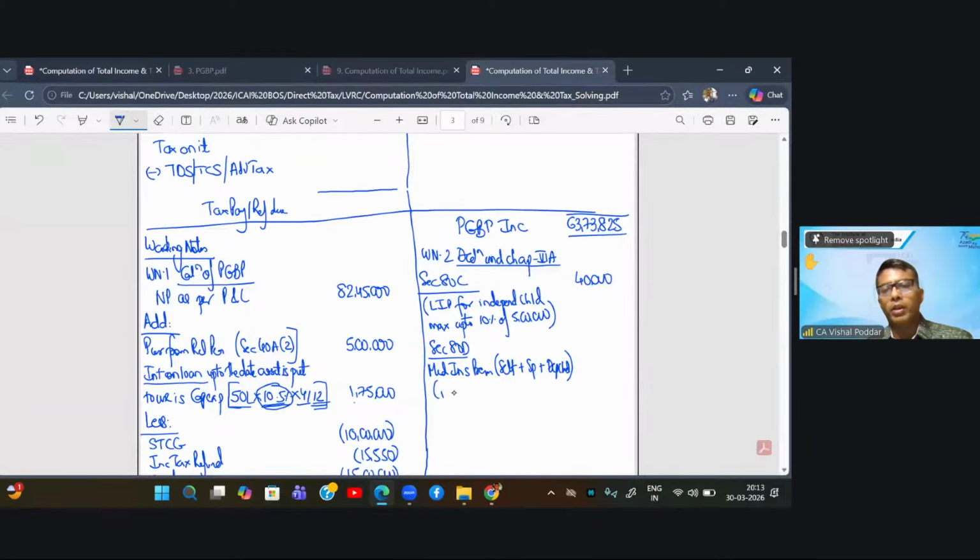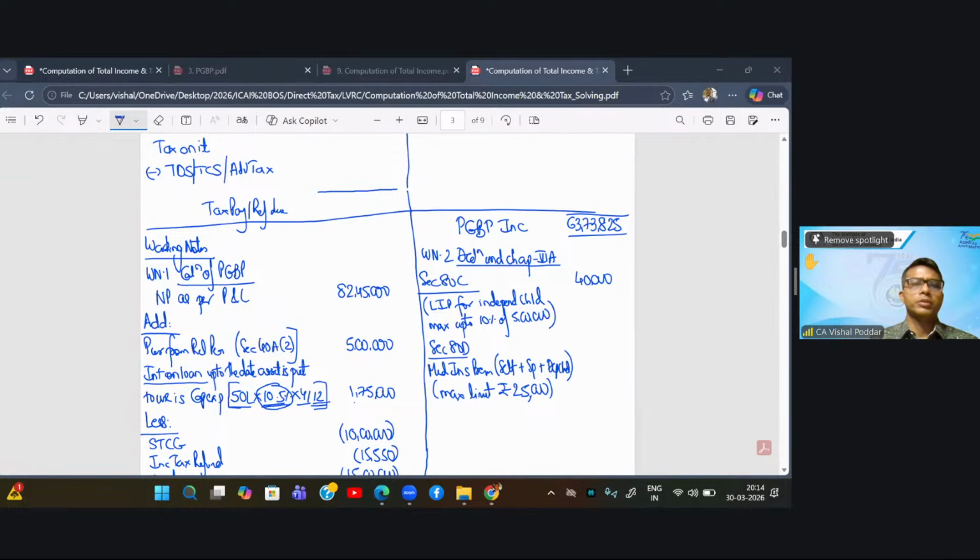Now importantly, what is the maximum limit? Since the person is not senior, even though you have paid 45,000, your limit, yes, very good, Arun, Navneet, is 25K. So the deduction here is 25K.